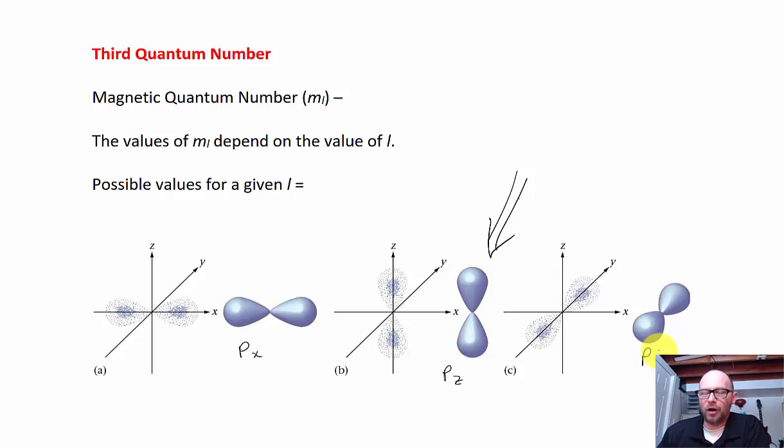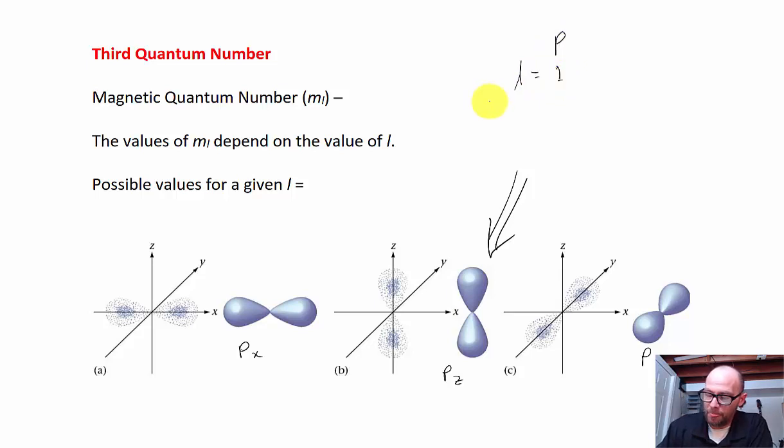That's derived using what's called the magnetic, or the ML number. And we talked before that a p orbital is given the mathematical number of 1. So L, the second quantum number, is equal to 1 for a p orbital.